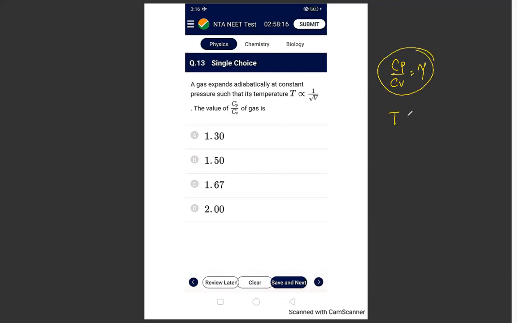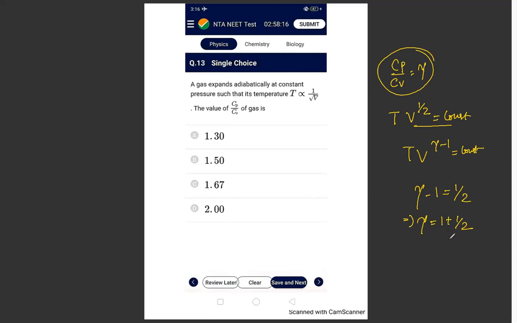So from this expression, we are going to get T V to the power 1 by 2 is constant. And as we know that for an adiabatic expansion, T V to the power gamma minus 1 is constant. So in fact, can't we write gamma minus 1 is equal to 1 by 2? So what is gamma? Gamma is 1 plus 1 by 2, right?